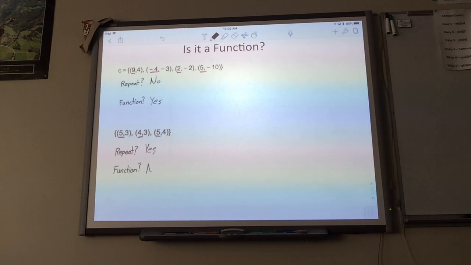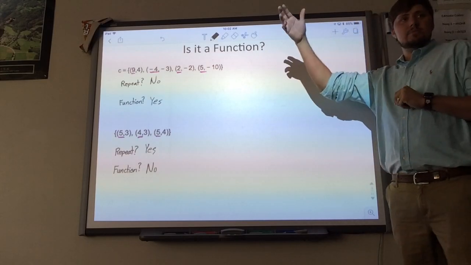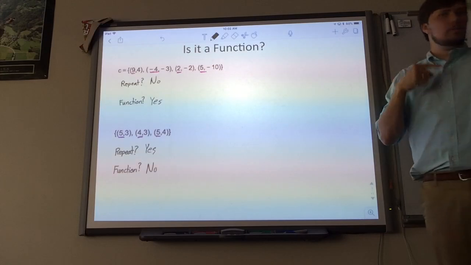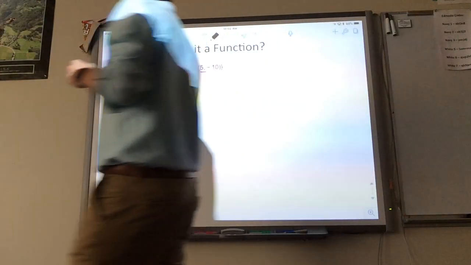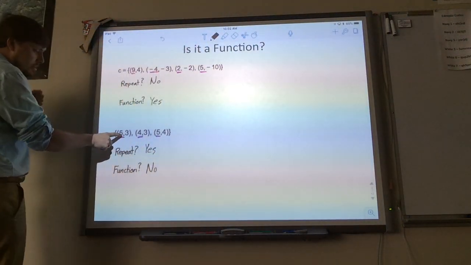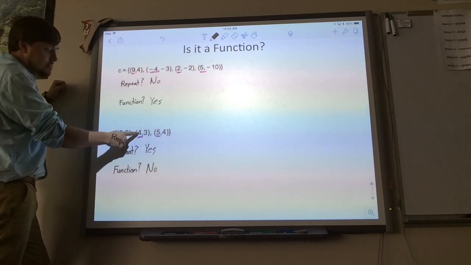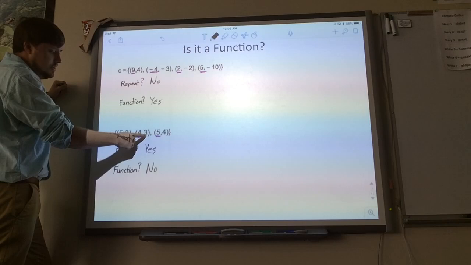No. Okay? So what I was saying before is, on the previous slide, the other definition was every input has exactly one output. So every x has exactly one y. And the input is our x value. So if I input a 5, what I get out of that is a 3. If I input a 4, what I get out of that is a 3.